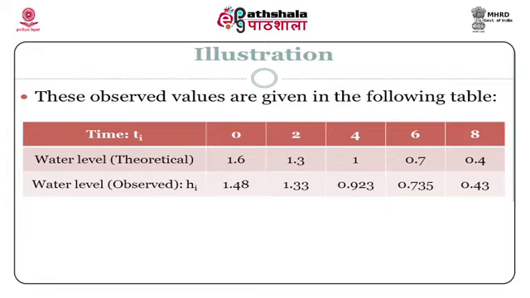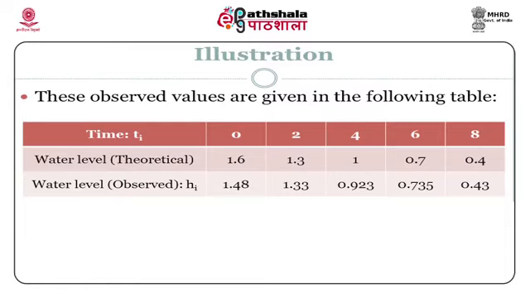Now, because the measuring accuracy of the sensor is 90%, the observed data is not as accurate as theoretical values. The theoretical estimate is given by h(t) equal to 1.6 minus 0.15 t.